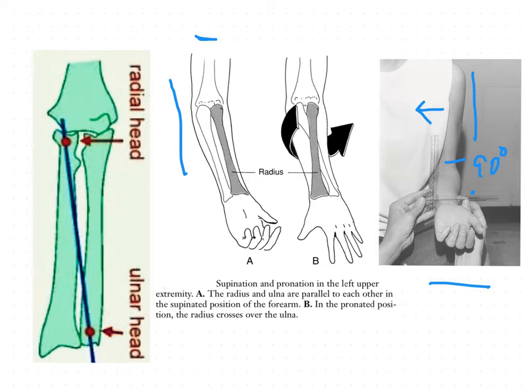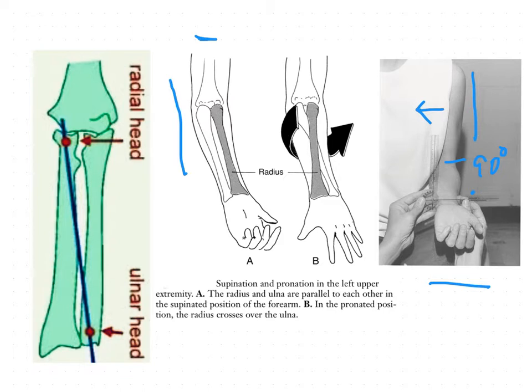Okay, and the limitation of pronation when the elbow is extended. So if the elbow is extended, the pronation may be limited by passive tension in the biceps brachii.